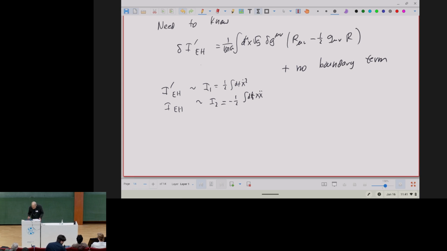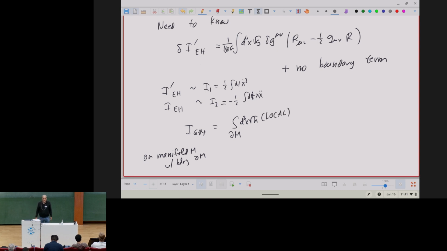There's another fact which I think we're going to need, but it's slipping my mind quite when we'll use it, which is just that the Gibbons-Hawking-York boundary term is the integral over the boundary of space on a manifold M. In general, it is a boundary term, so on a manifold M with boundary partial M, it's an integral over partial M with the induced metric, which I usually call H, of something local.